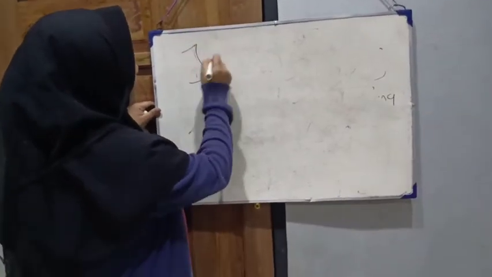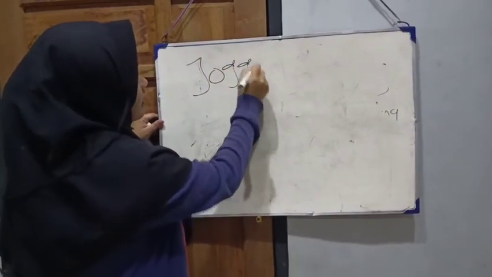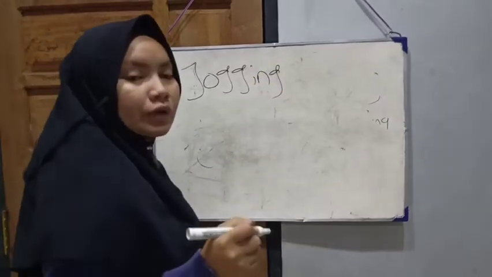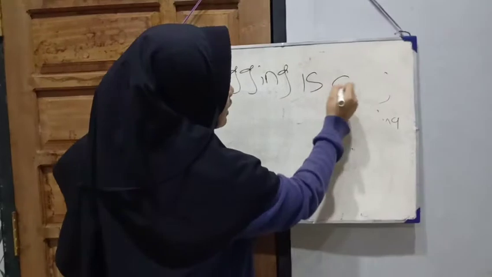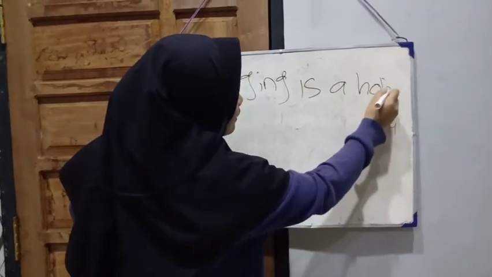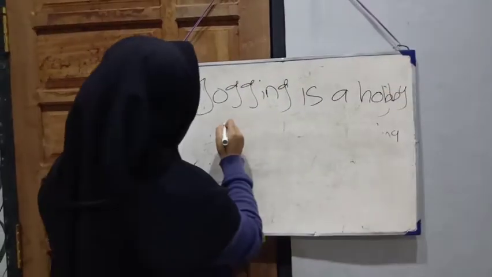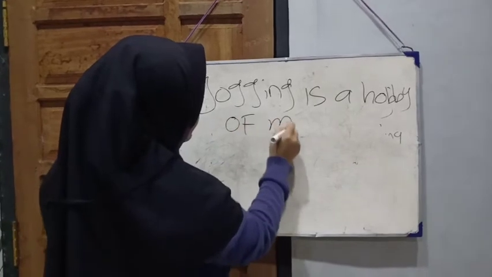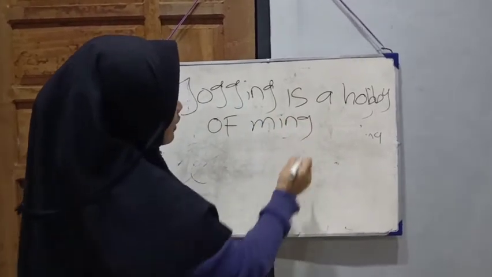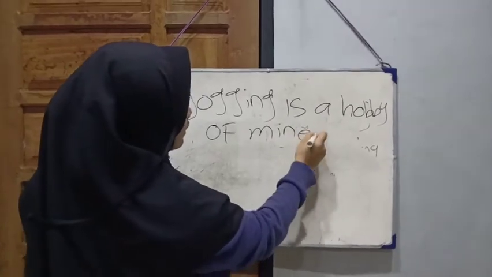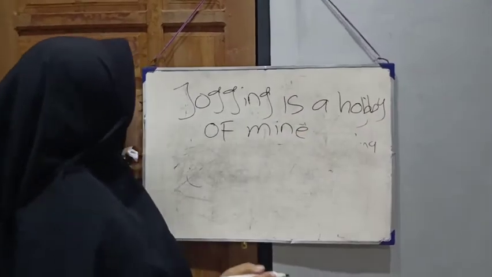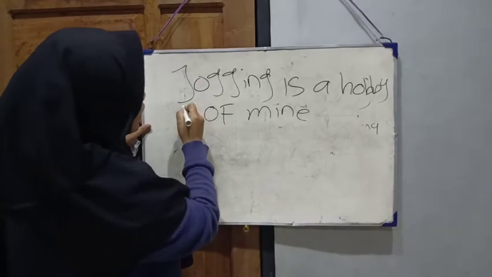For example, jogging: Jogging is a hobby of mine. We can underline jogging.